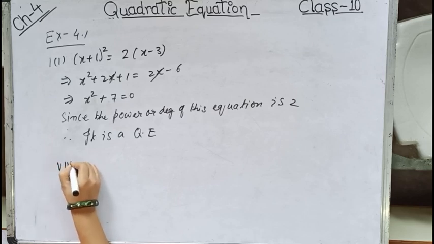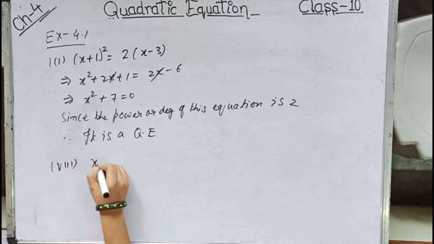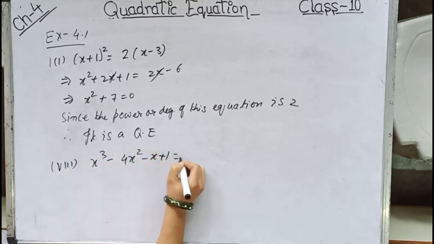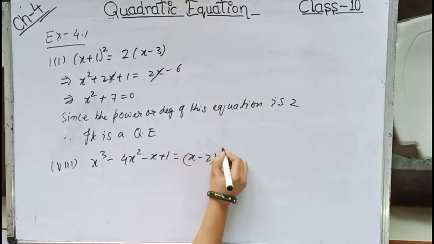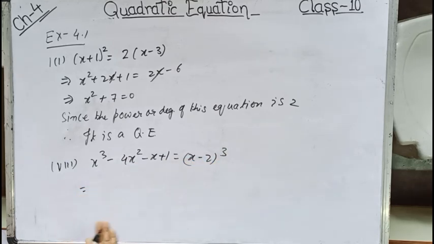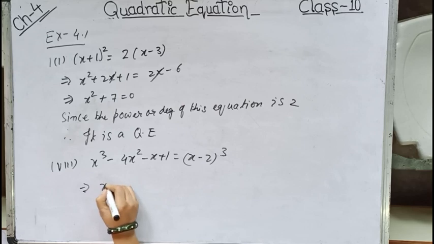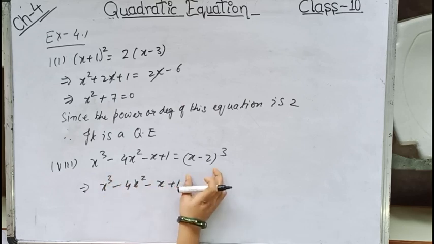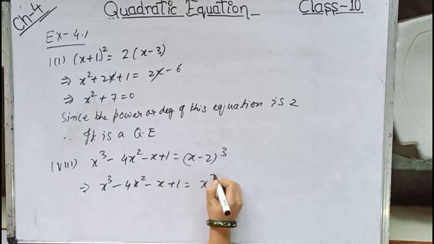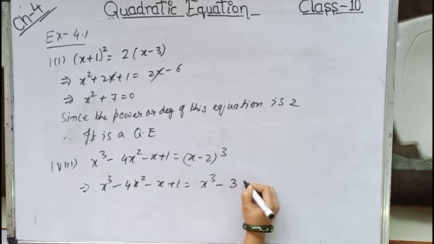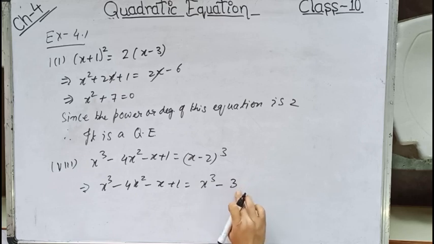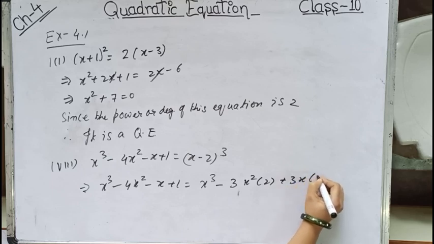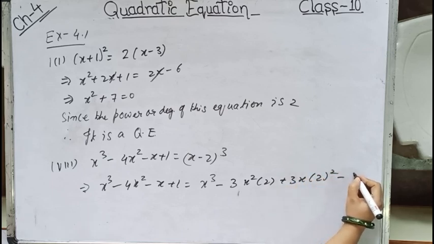Number 8 I am solving. x cube minus 4x square minus x plus 1 equals to x minus 2 whole cube. Now a minus b whole cube is a cube minus 3a square b plus 3a b square minus b cube.